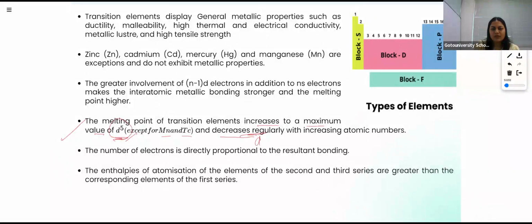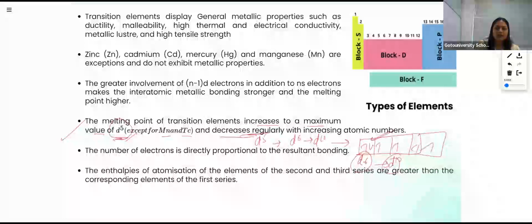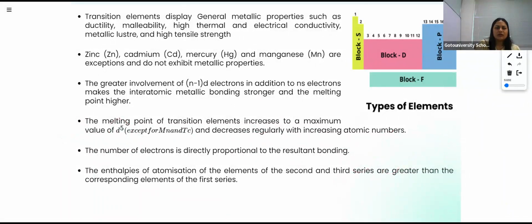Because after the d5 configuration, from d6 to d10, there will be a pairing of electrons, right? For d6 to d10 the electrons start pairing, which is why the melting point starts decreasing. Understood?